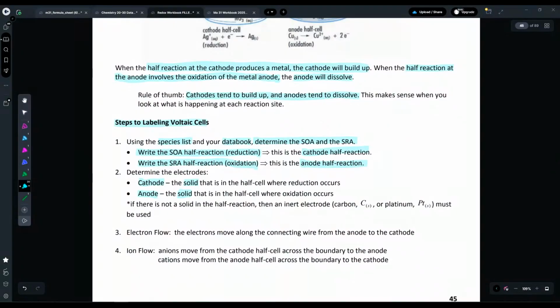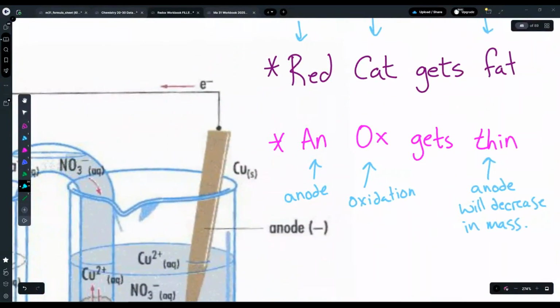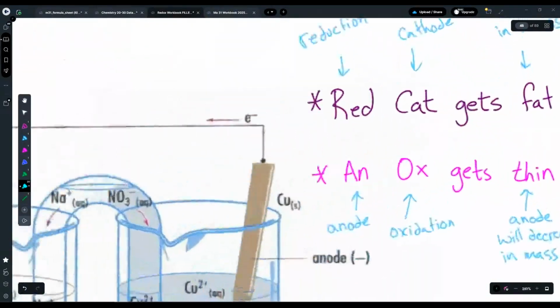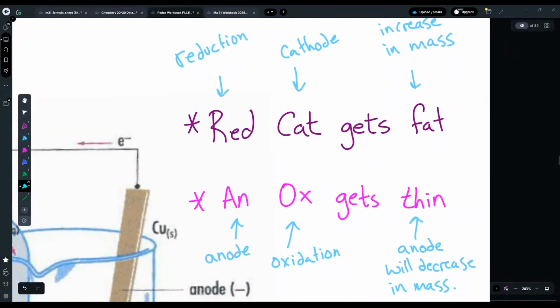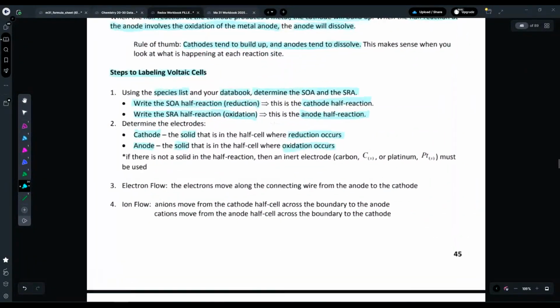Meanwhile, the anode is where oxidation occurs. So going back to this, ox gets thin. At the anode, oxidation occurs. These two phrases are extremely important for you to memorize because they're very helpful.